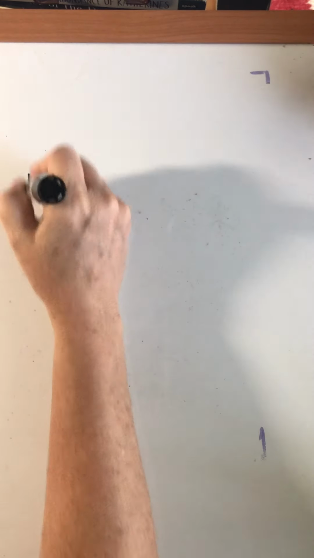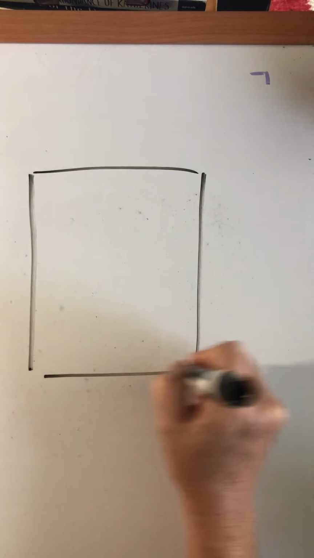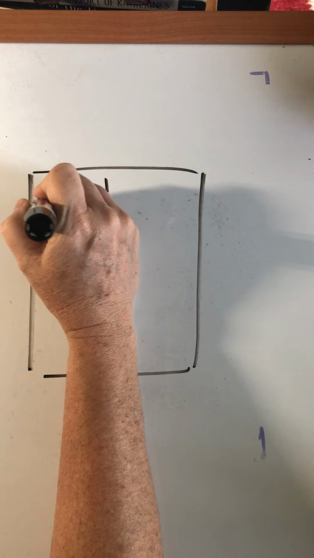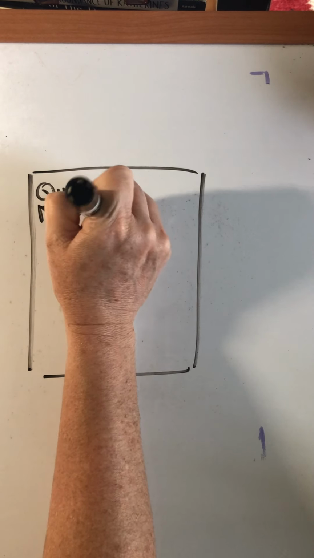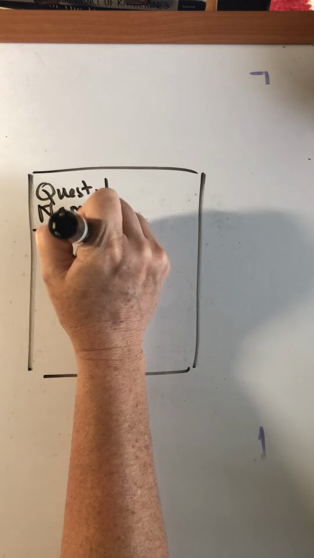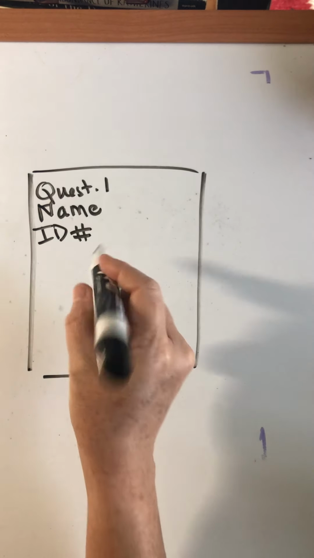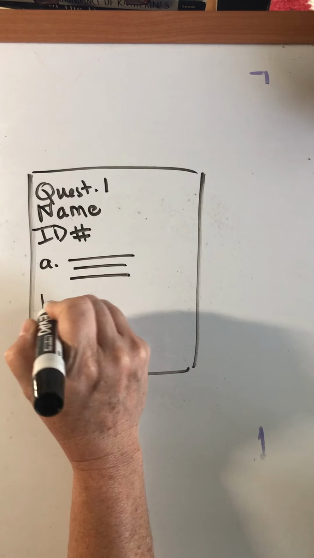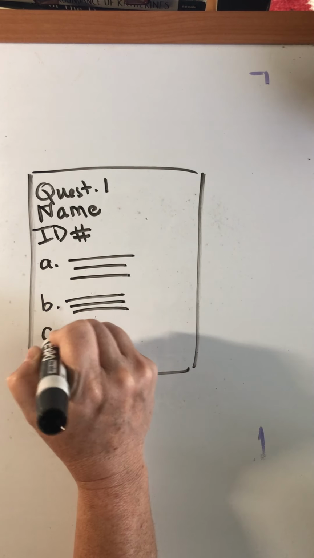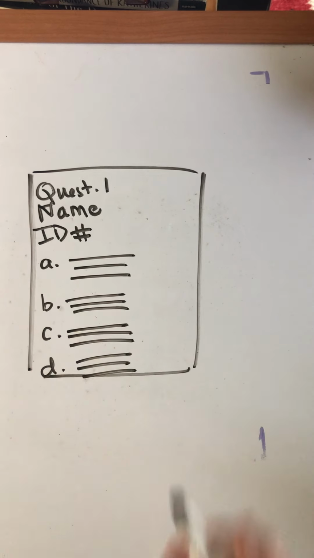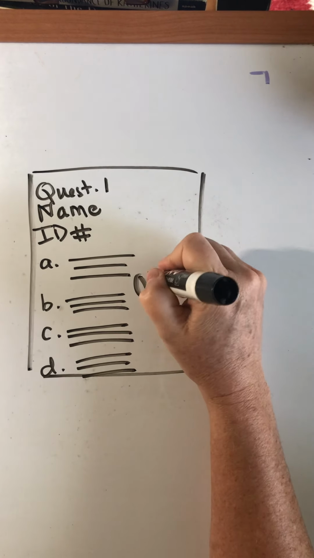On your Google Doc, it'll be question 1, your full name, and then your ID number, okay? If it's part A, you answer, and then B, answer, and then C, answer, and then D, answer. Be obvious.